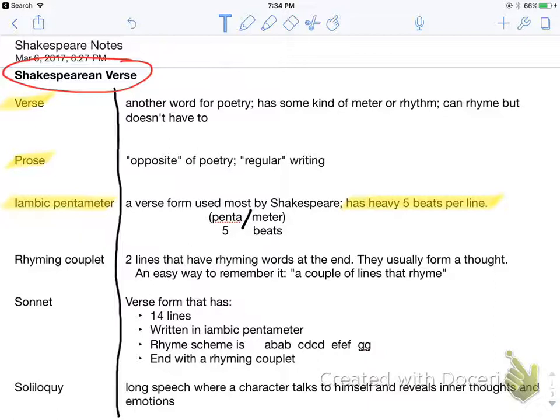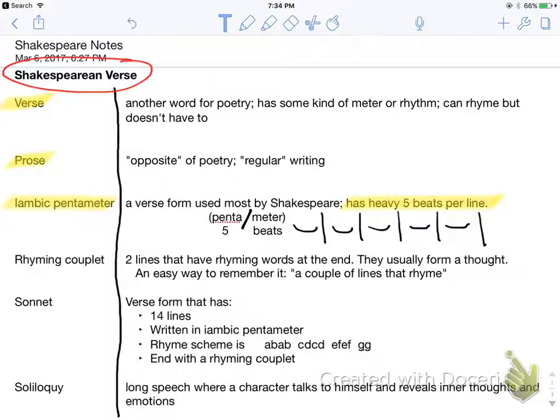It comes from 2 Latin terms. It comes from penta, meaning 5, and meter, which technically means measure, but in this case we're going to talk about it as beats. If I were to write this rhythm out, it would look like this. Again, I know this doesn't make much sense to you right now, but I promise it will later.